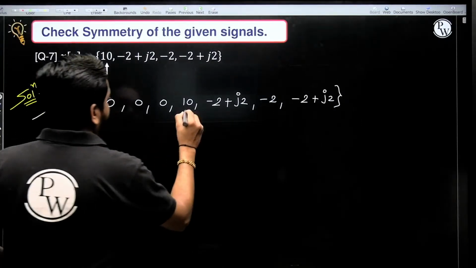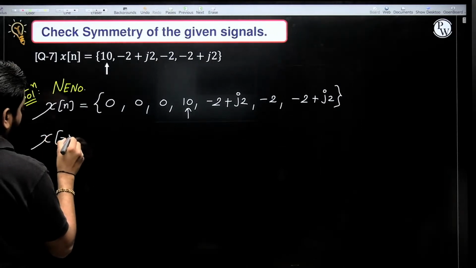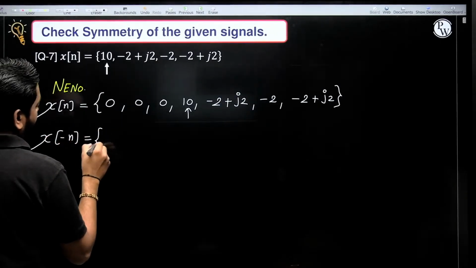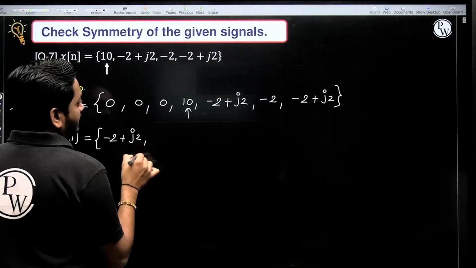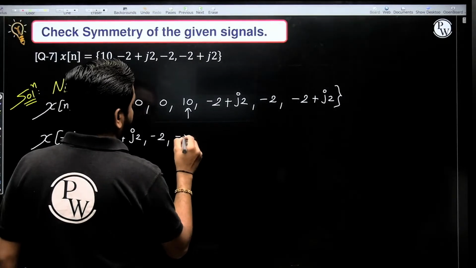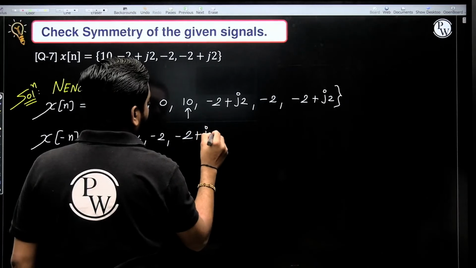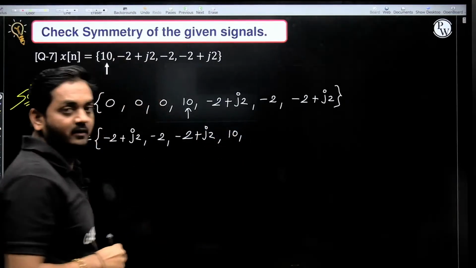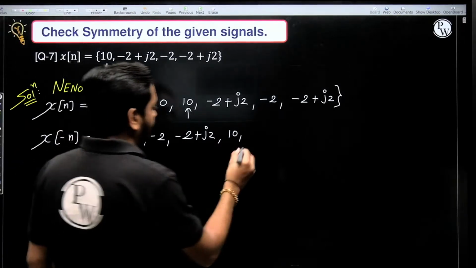And at origin 10. Now x of minus n first, right? X of minus 10 means minus 2 plus j2, then minus 2, then minus 2 plus j2, then 10, okay, then 0.